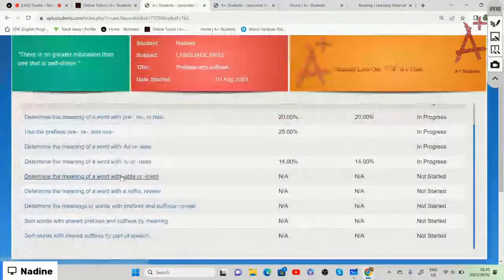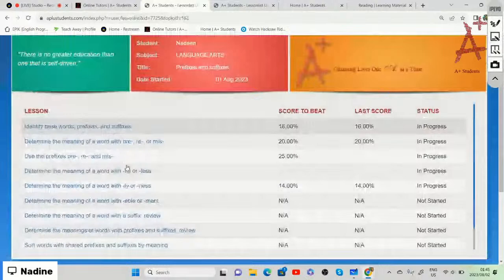And then we had to determine the meanings of certain prefixes as well as certain suffixes. And we said that in order for you to know the meaning of certain words, it is best to know the meaning of either the prefix or the suffix, in order to recreate the meaning of a specific word.